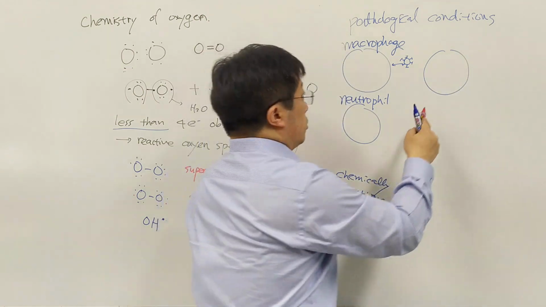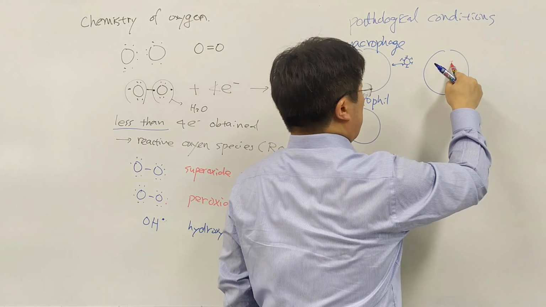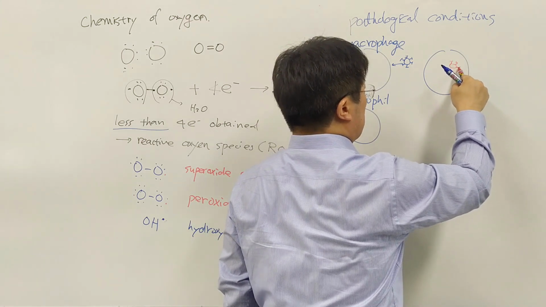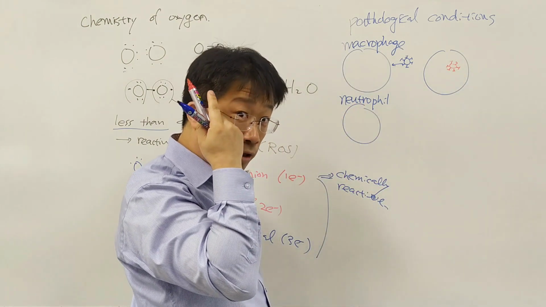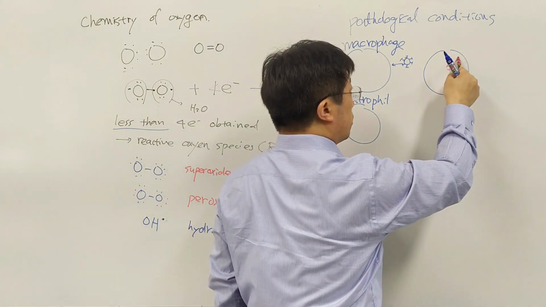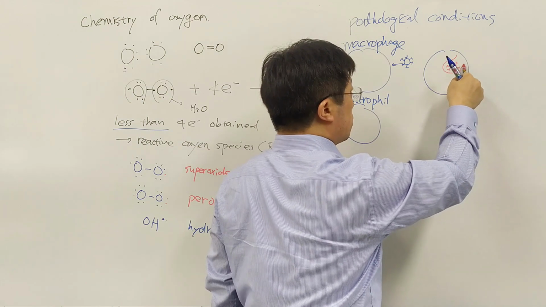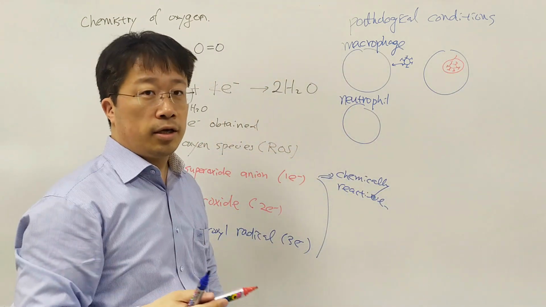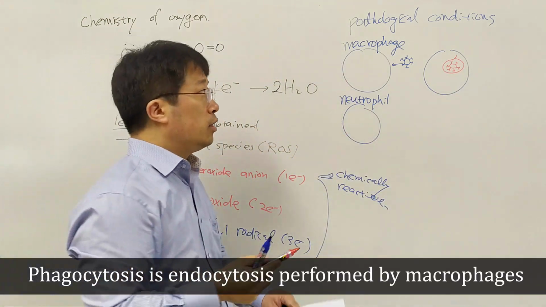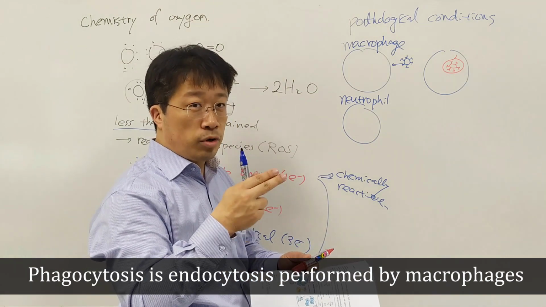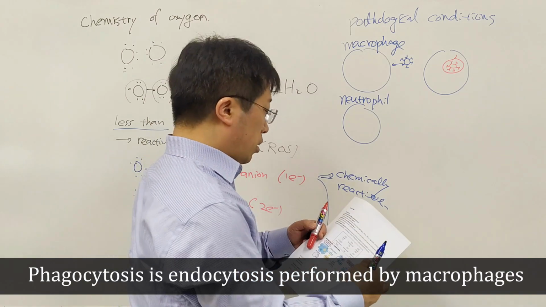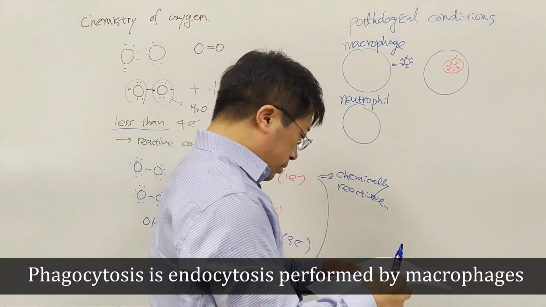I'll draw the red one for, for example, this coronavirus, or other viruses or bacterial cells can be the same case. So they envelop, they engulf. We call this the engulfing of these foreign particles into the cell. So this macrophage removes these foreign particles.